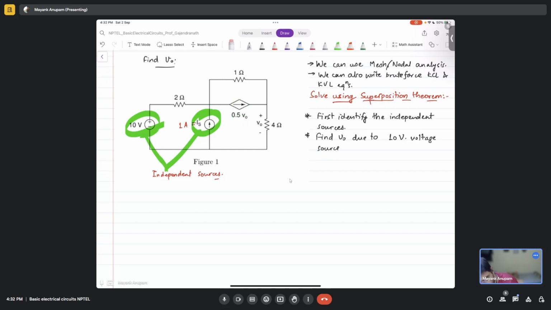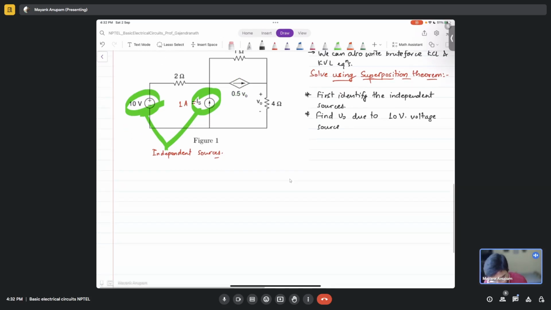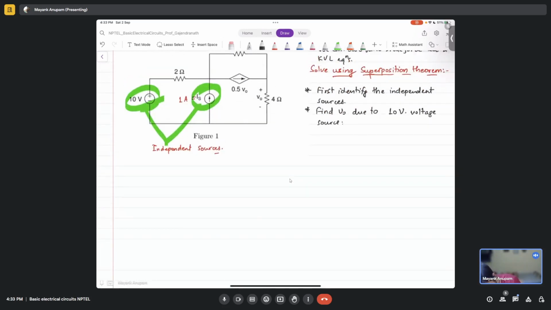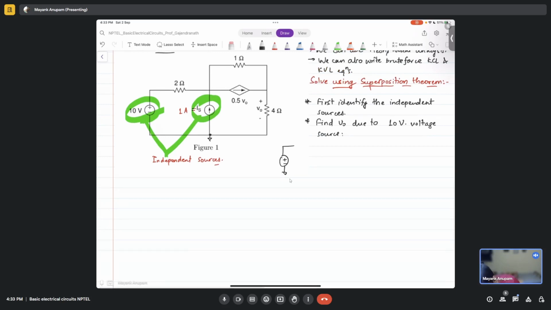Fine. So moving on. Now what is V naught due to only the 10 volt voltage source? Let's make the network first. I am considering this to be the reference. You have a 10 volt voltage source, then this 2 ohm resistor. This current source is nullified, so I'm opening it. Then you have a voltage controlled current source.